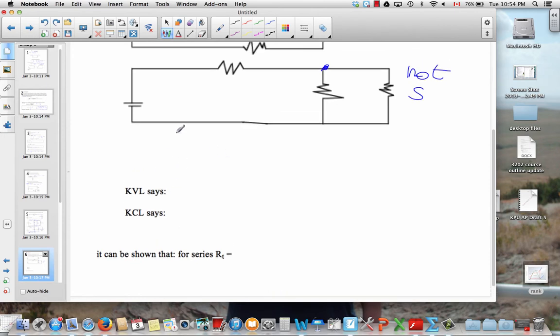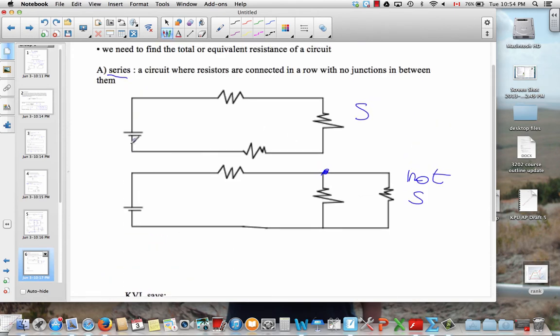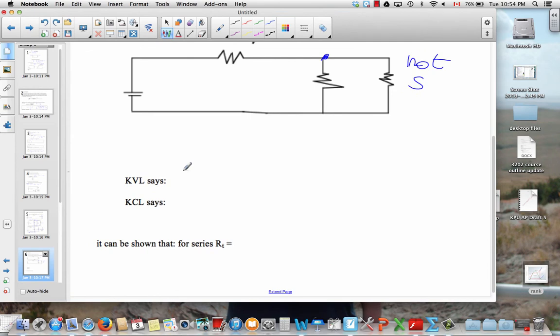Now, for a series circuit, the voltage law would say that the gain in the cell minus those 3 drops has to be 0. So let's say the voltage in the cell is Vt, and let's call the 3 resistor drops V1, V2, V3. So we see that the total voltage provided by the cell equals the sum of the 3 drops.